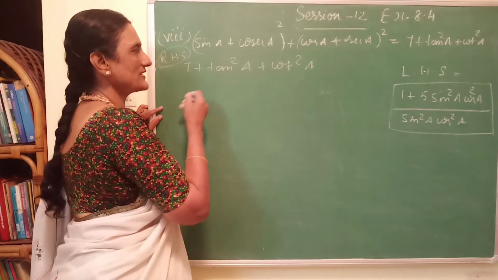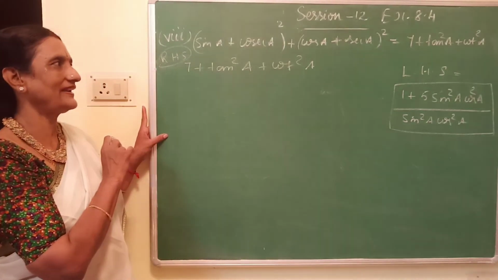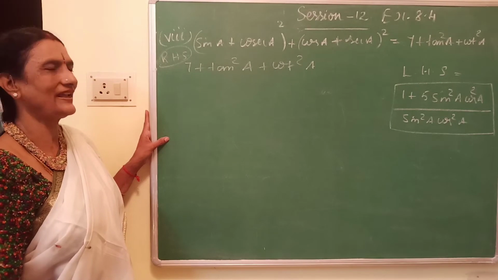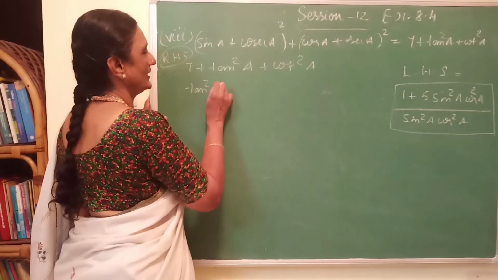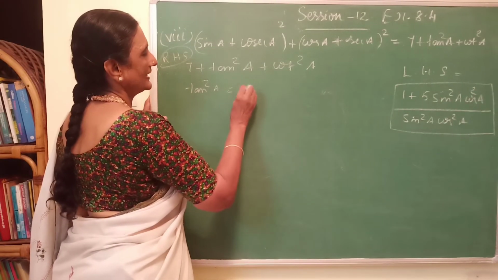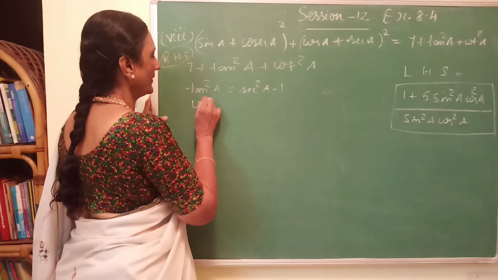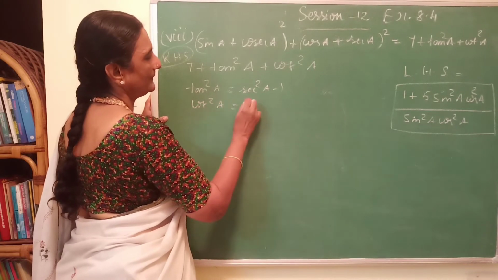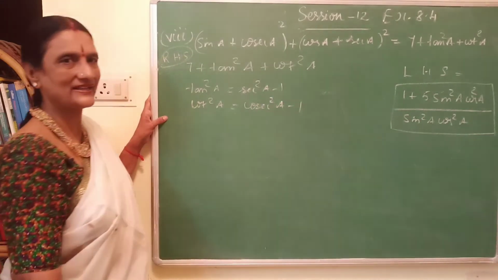I have told you several times the identities 1 plus tan square A and 1 plus cot square A can be modified to be used as tan square A is equal to secant square A minus 1, and cot square A can be used as cosecant square A minus 1.